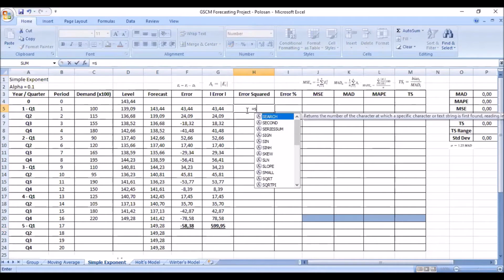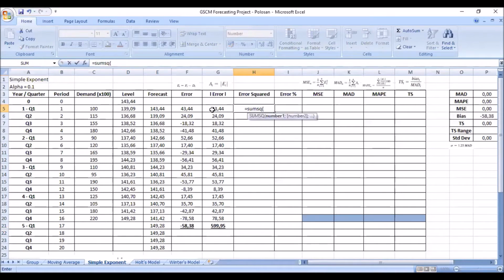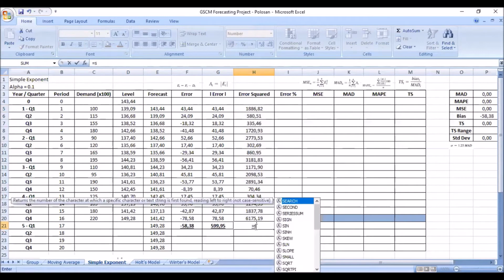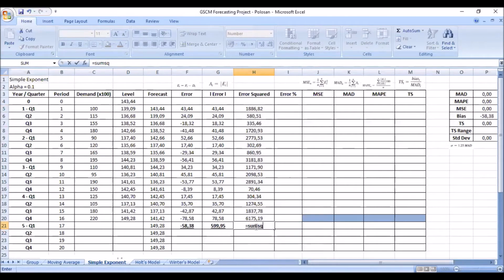And we're just going to square the error using the sum of squares. In this case, it's also okay to use the absolute error instead of the normal error, just to be safe. We find all of the squared errors for our periods and sum them up, so that we can use them to find the MAPE. Oh no, to find the MSE.